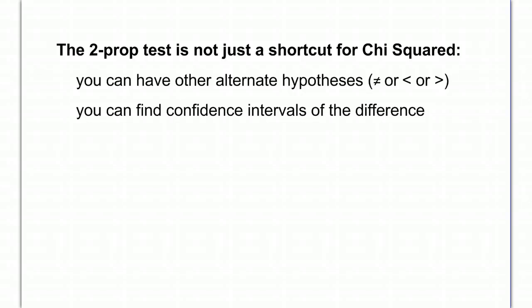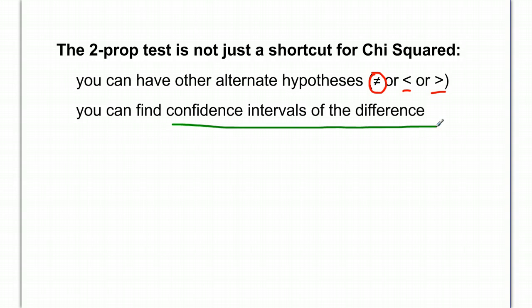The thing with chi-squared is you have to do the not equals test to be comparable to the chi-squared test. But when you have a two-prop test, you also have the option of doing greater than or less than. Also, when you do two proportions, you can find confidence intervals of the difference, and we'll do that later too. So the two-prop test gives you a lot more power with the situation you're working with than just a typical chi-squared.